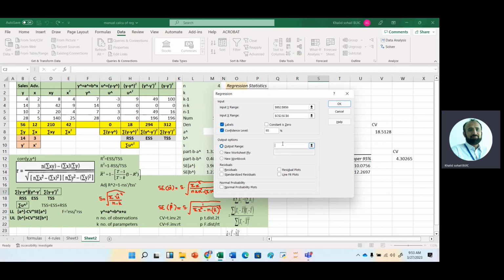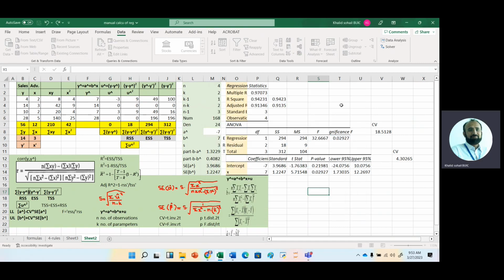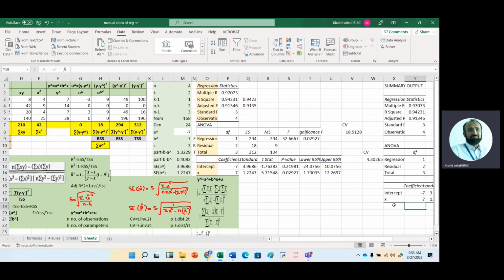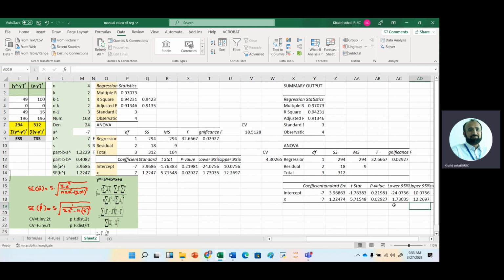We want to display this output here, and just OK. Here you can compare that we have the same output as we have done manually.